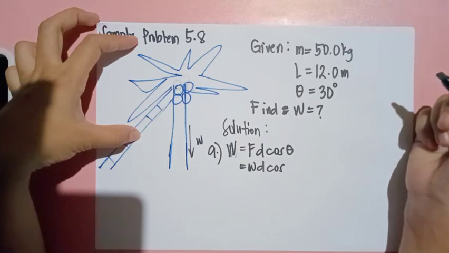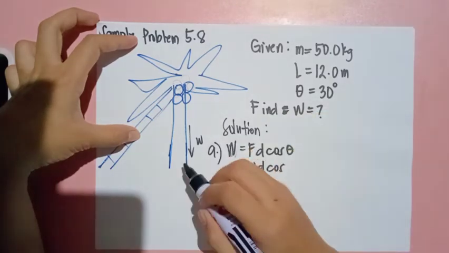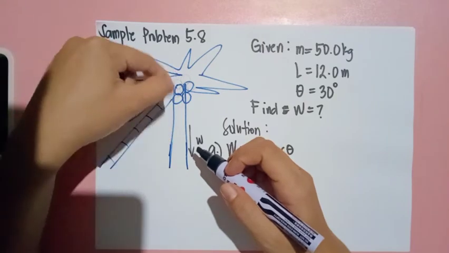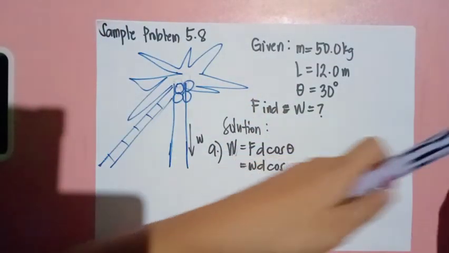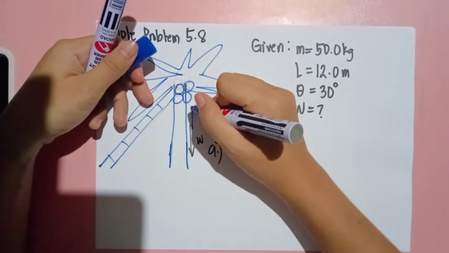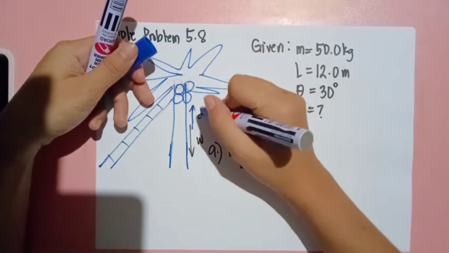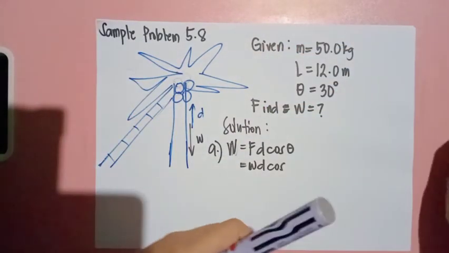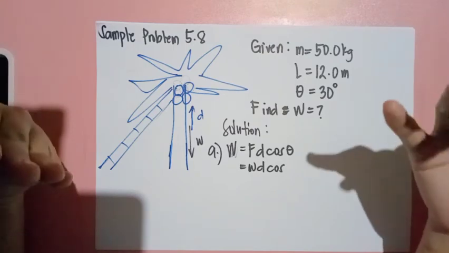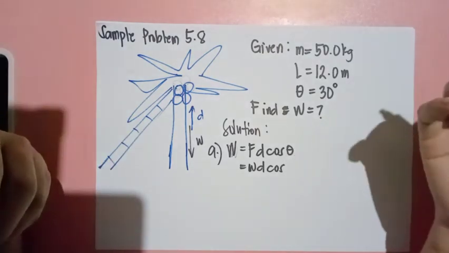And then the displacement is directed upward, since he is climbing up, meaning from this point he's going upward. So let's have blue for the displacement. Now as you can see, the weight and displacement are directed in perfectly opposite directions.